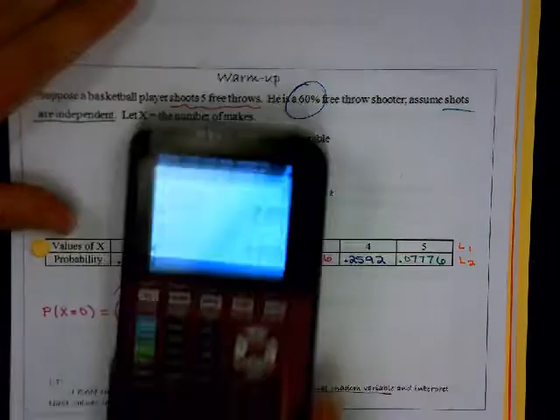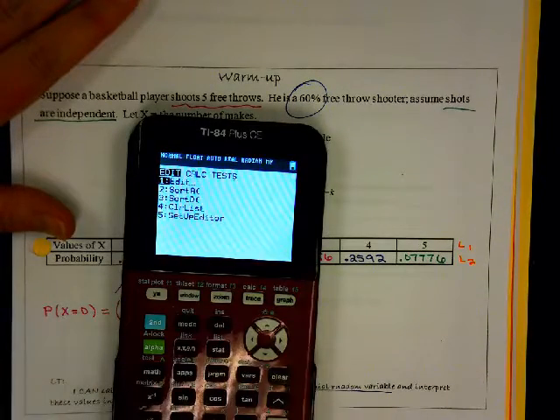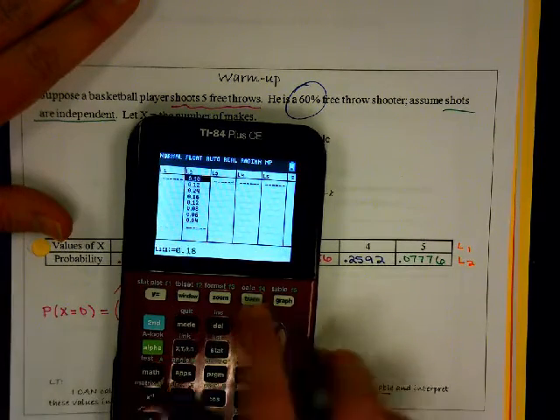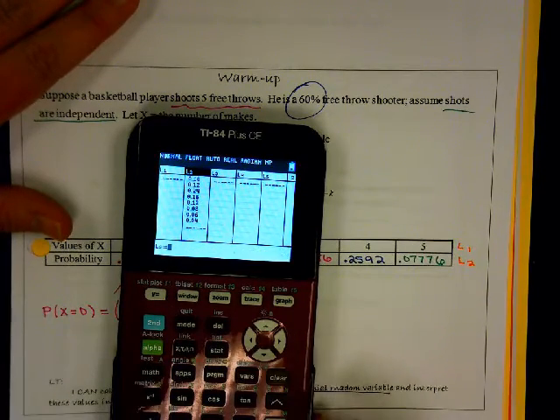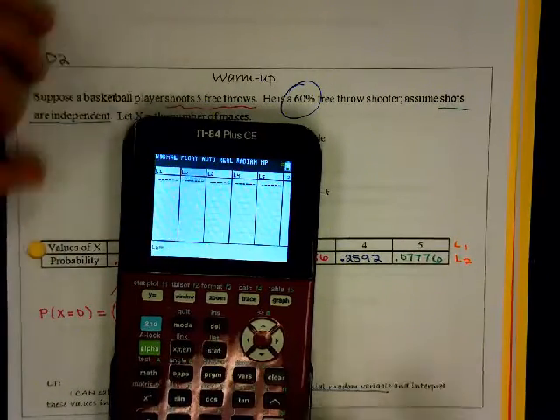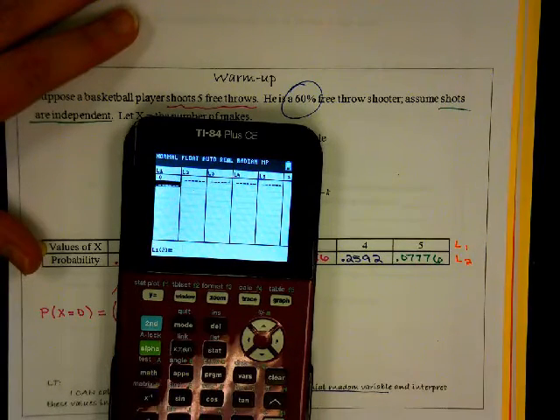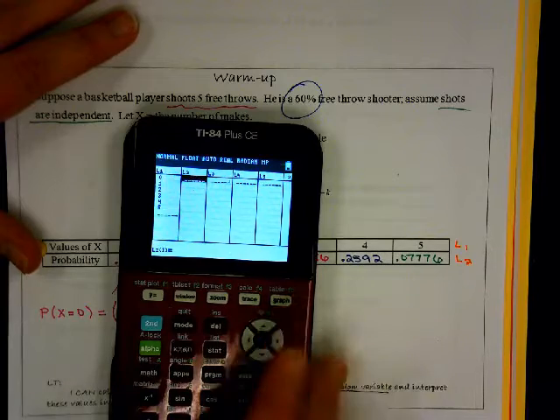So stat, we're going to edit, clear out list 1. Remember, hit clear when you're highlighting the list name. Enter, don't hit delete. So we have 0 through 5 free throws made. And then let's choose my probability.